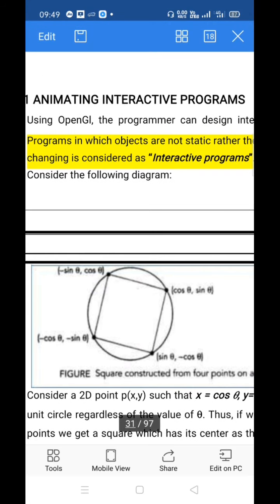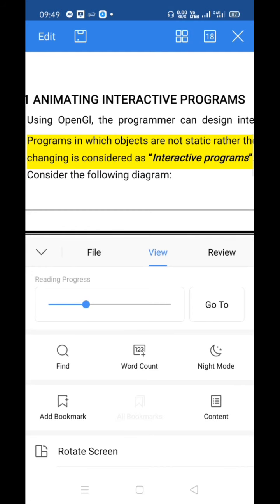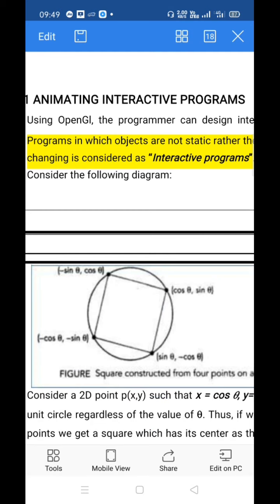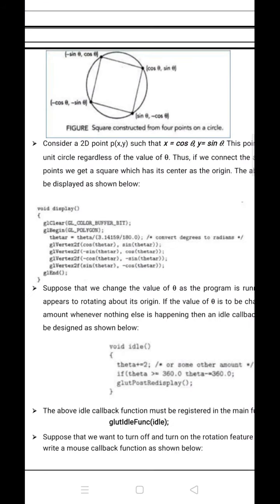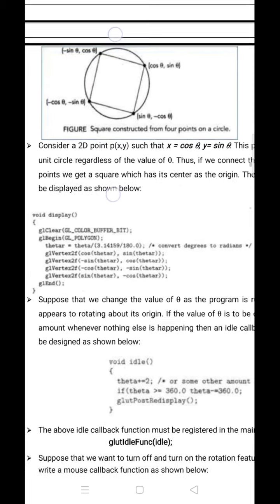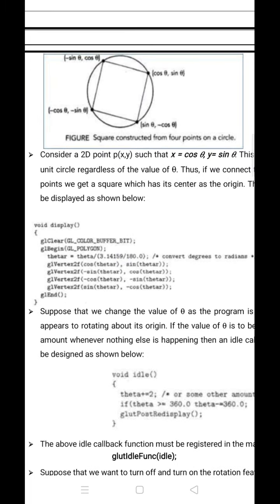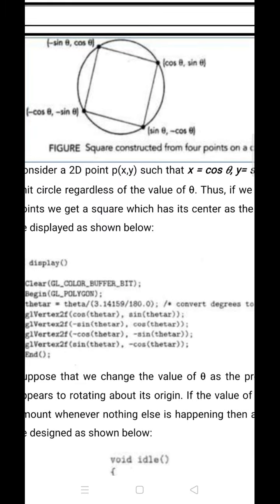Just go through this picture. Here is the diagram. We have taken the 2D coordinate system only. As you can see, the pair of values for the 4 different points.